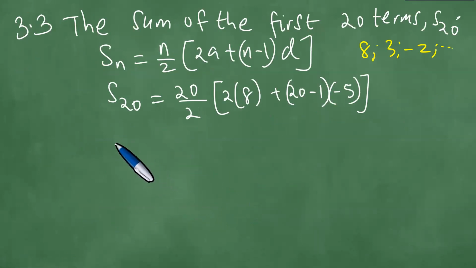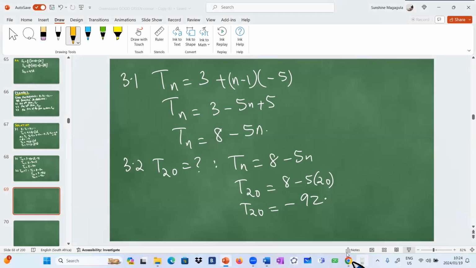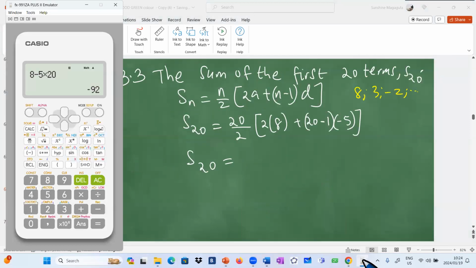So now what is the answer here? Sorry, I'm just doing it the long way. It's 19, 19 by minus 5.